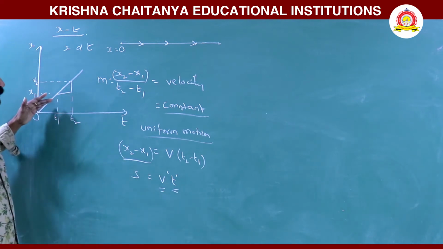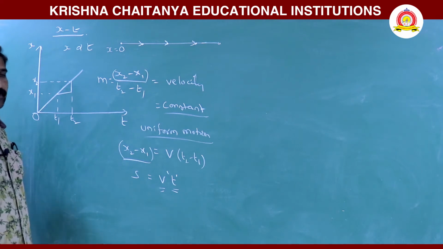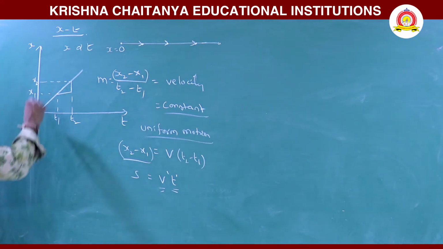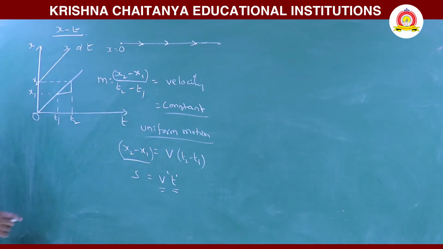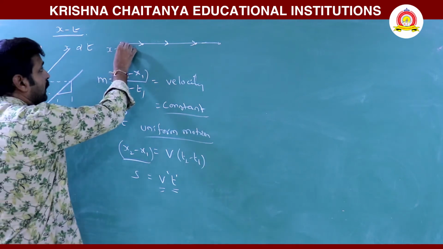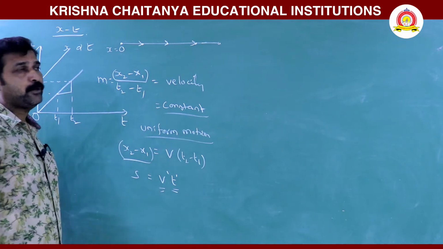This is the graph which indicates constant speed. And now, if the graph starts from here, what is the difference? The only difference is that when the graph starts from the origin, the origin itself is the reference point and the starting point.